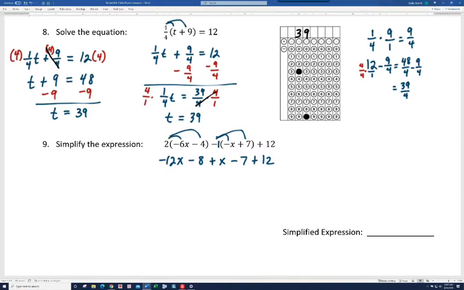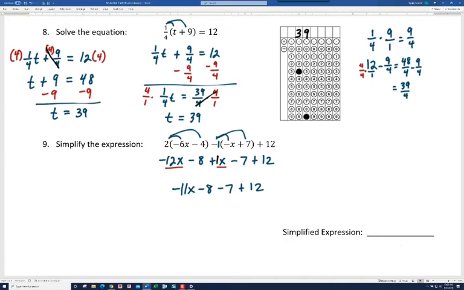Okay, so notice the parentheses are gone, but we do have some like terms to take care of. Let's go ahead and combine our x terms. Notice this is a 1 and a negative 12, which is negative 11x. And I'm going to just bring down those other 3 numbers. And now we can combine those. And you may have done that in one step.